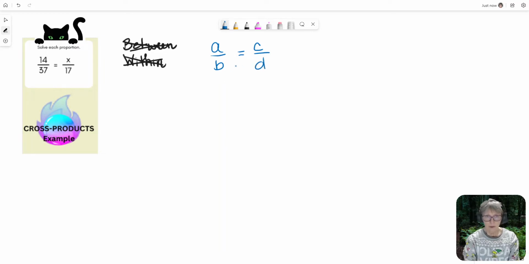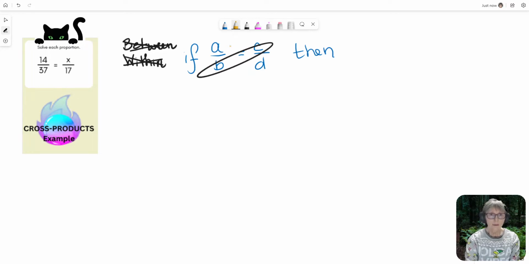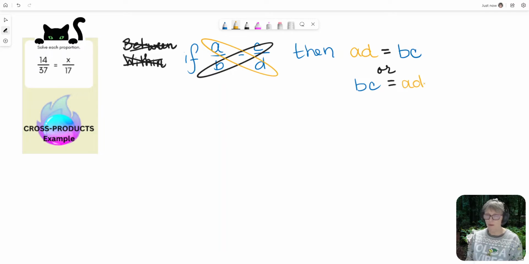If you have the two fractions, a over b equals c over d, then cross multiplying, you get AD equals BC, or you can write it the other way around, BC equals AD. And you can do it either way depending on what's more convenient for the particular problem you're working on.